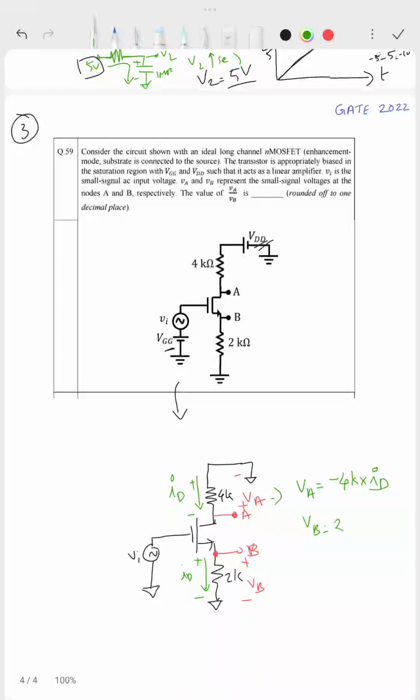So VB is equal to 2K into ID. So what is VA by VB? VA by VB is minus 4K into ID by 2K into ID. If it cancels, it will be minus 2. Fine, so that's all. Thank you.